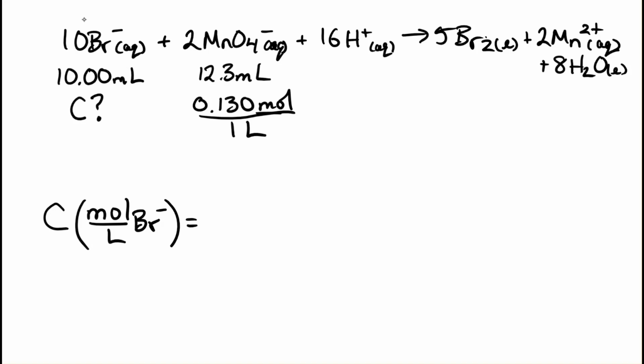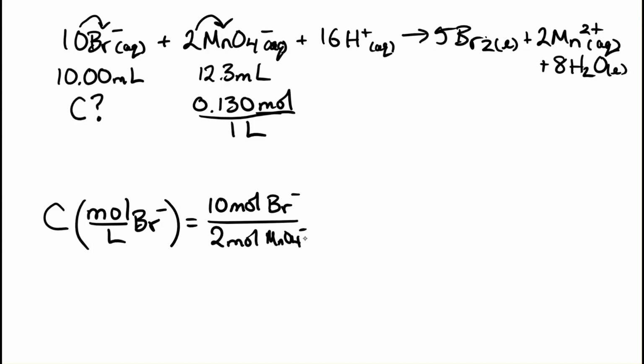We know that 10 moles of bromide for every 2 moles of permanganate. This is the molar ratio. The unknown thing goes on top, the given thing goes on the bottom. Our unknown is bromide. So 10 moles of bromide for every 2 moles of permanganate.